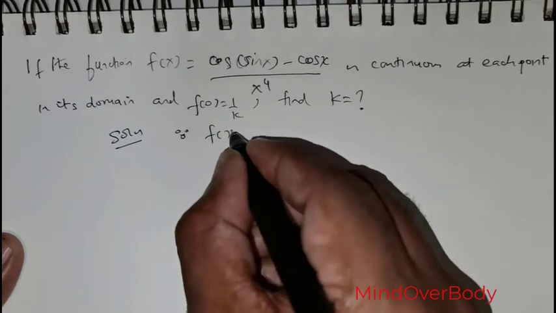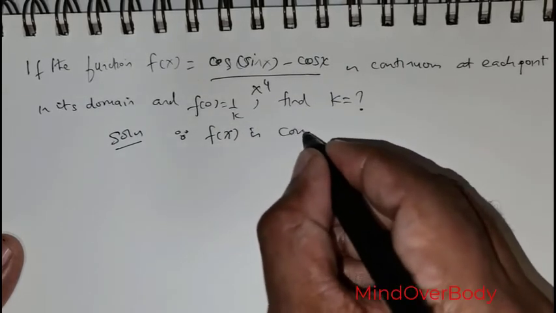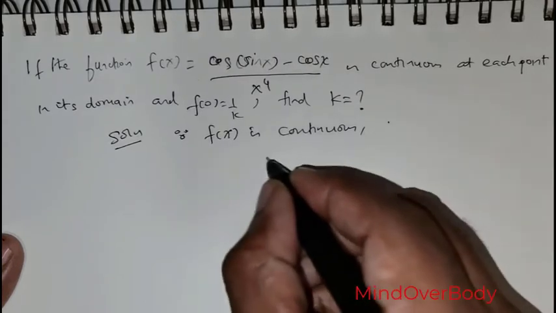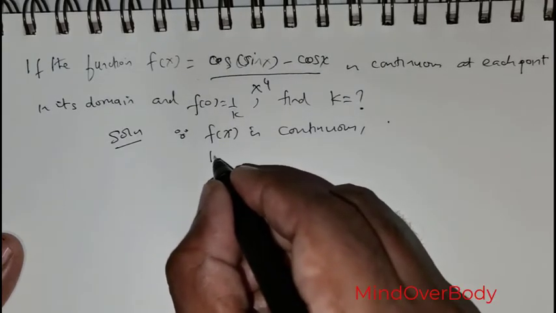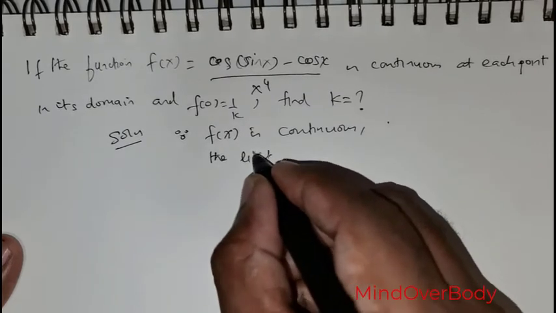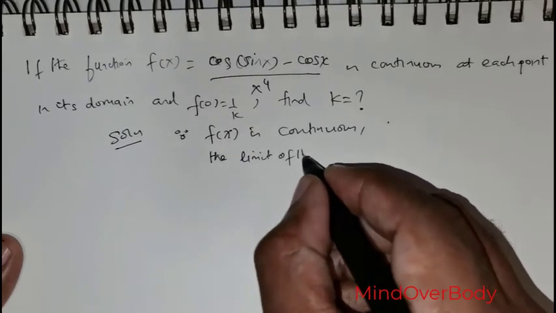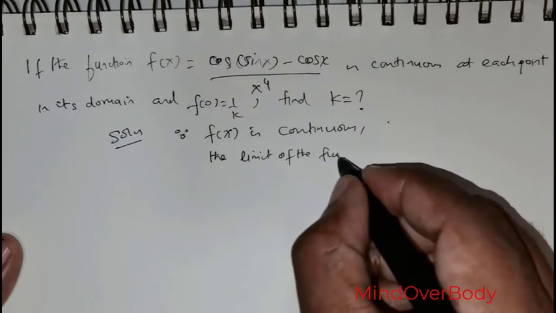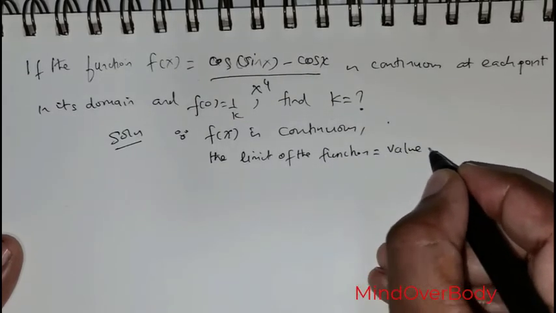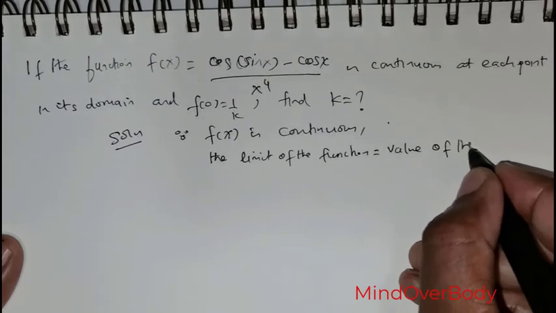Since f of x is continuous, we will use this concept. What is the concept? The limit of the function is equal to the value of the function.